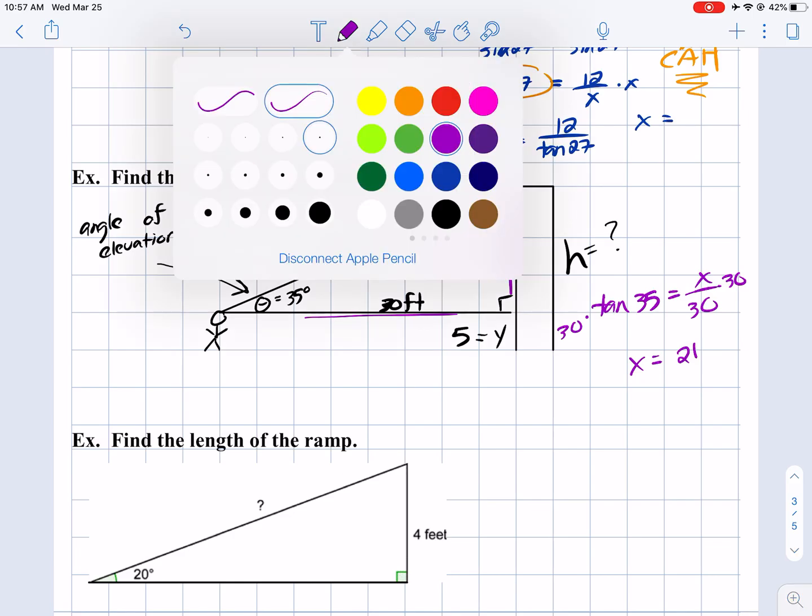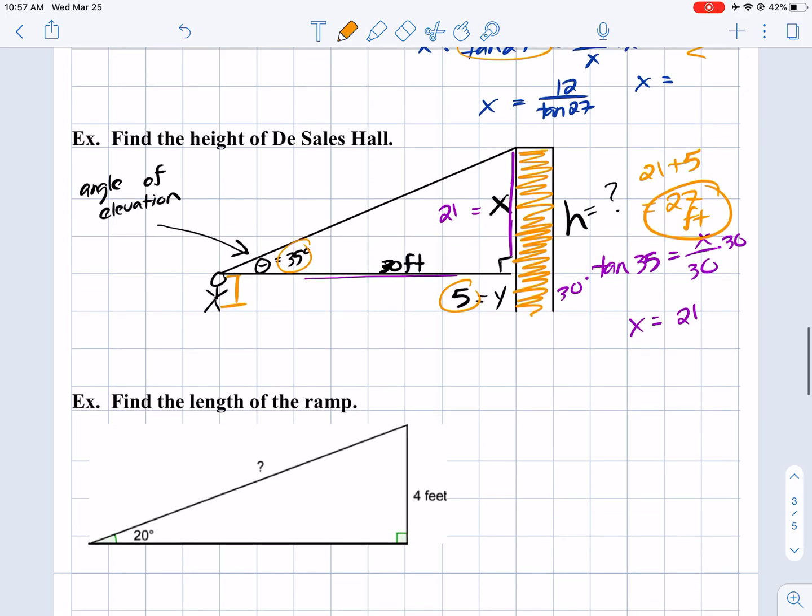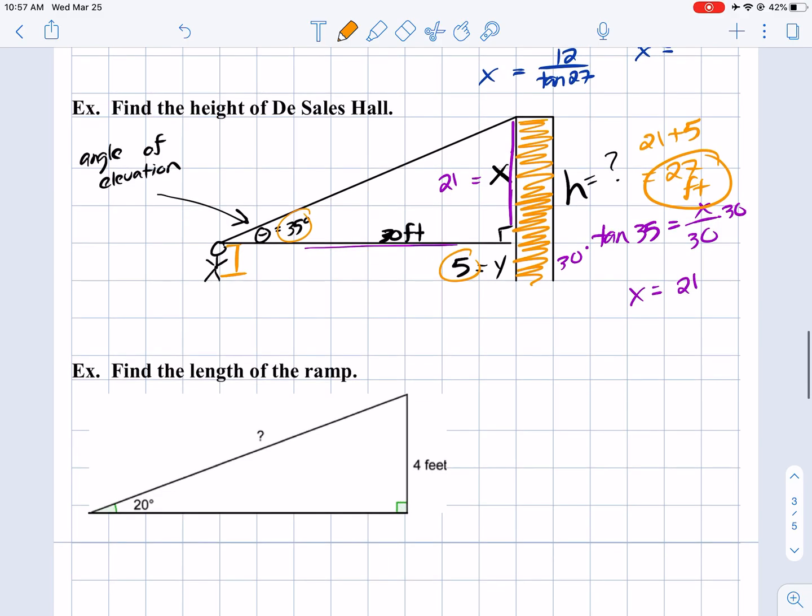But be careful, that's not the full height of DeSales because that angle of elevation was from your eyes to the building. So you actually need to include this 5 down here. So the actual height is 21 plus that 5 feet, this 5 feet right here, to get us a total height of 27 feet. Probably not correct because we don't know what this exact angle of elevation is, but just assuming we did, that would be our height.